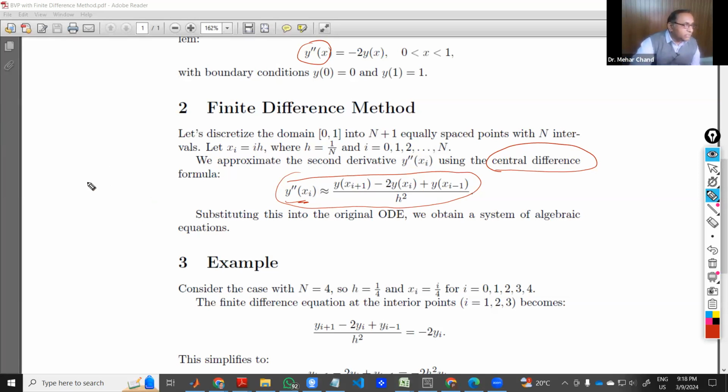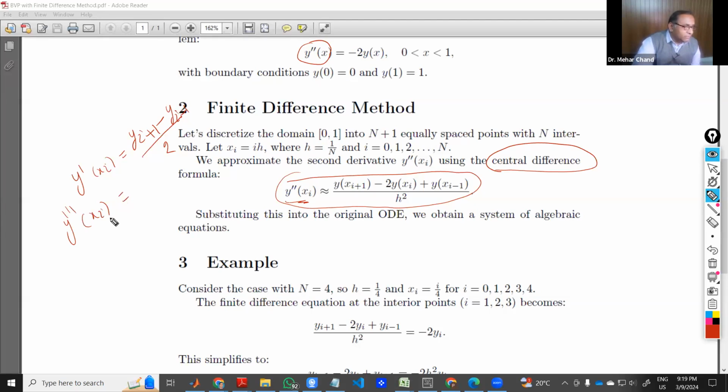Also, if you need the first order, once again I am repeating, y dash xi will be equal to yi plus 1 minus yi minus 1 upon 2h. This is also required in today's session. And in this session we choose problems up to third order.